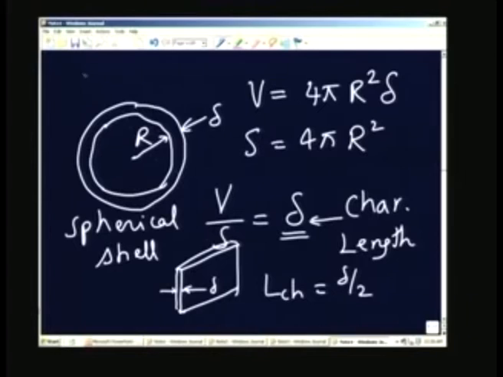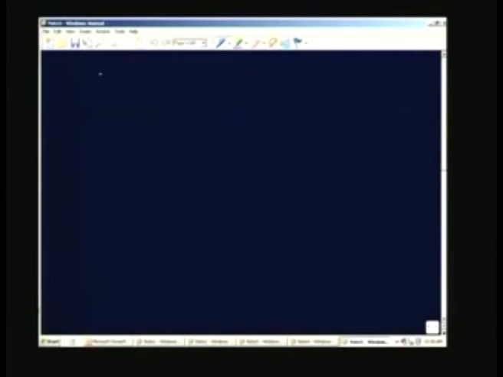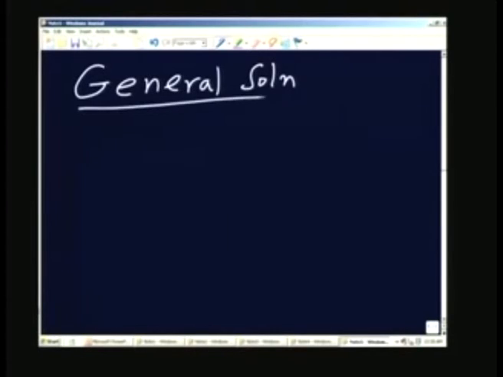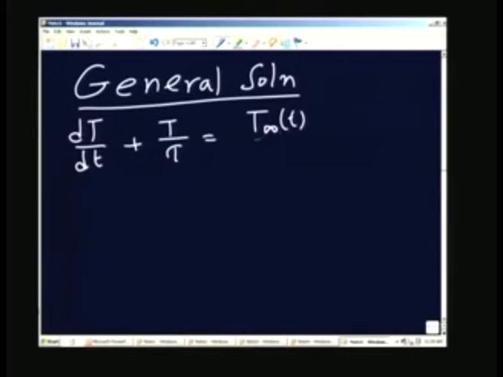try to work out the so called general solution to the problem, which is very simple. So, general solution to the first order equation. We know that it is dT by dt plus T by tau is equal to T infinity, which is a function of time, divided by tau.